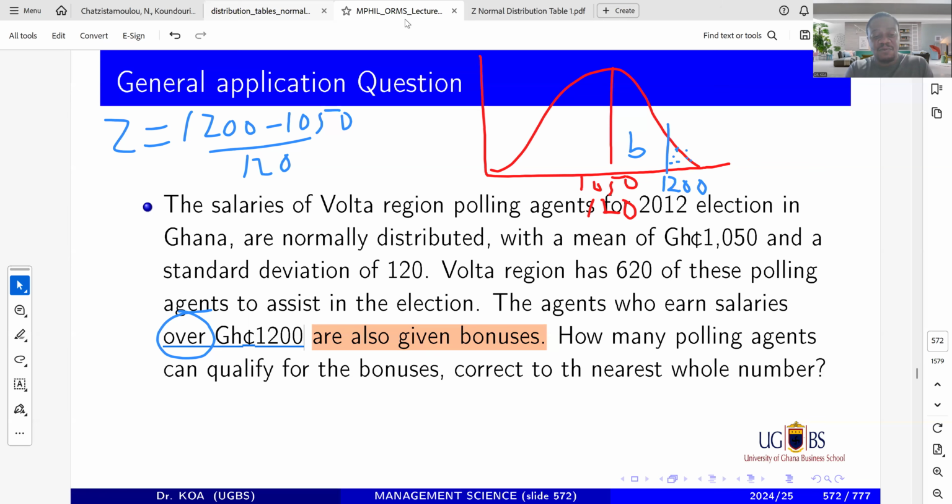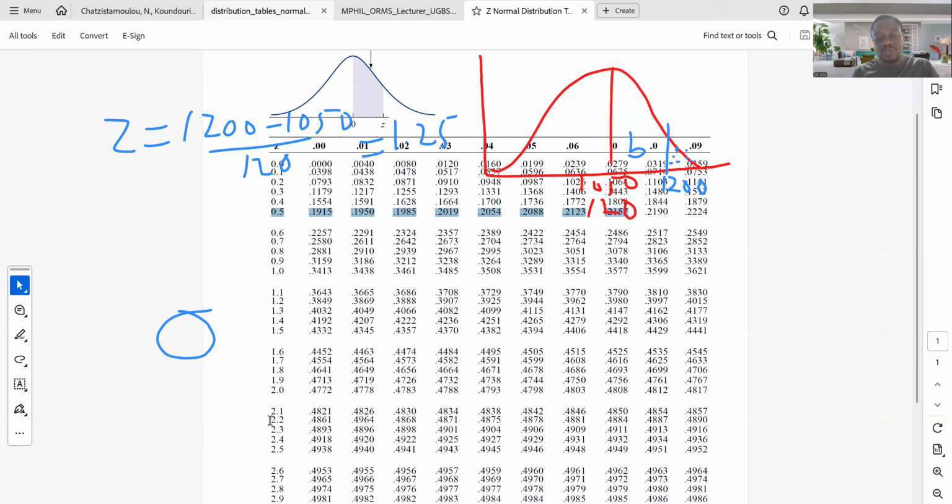So you have 48 divided by 120. That is 0.4. Actually, the value used is 1.25, so you go to your table, you go and read 1.25. That is 1.2 under 5, which is 0.3944.